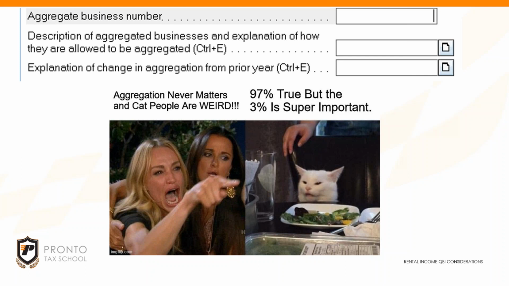But then what about these other boxes, right? What about these other boxes that seem to never matter, like aggregation? Again, you can study QBI aggregation, but you barely ever see it, except in certain situations. With real estate, though, a lot of times what happens is people have one rental property, then they have two, then three, then four, then five, then 10.